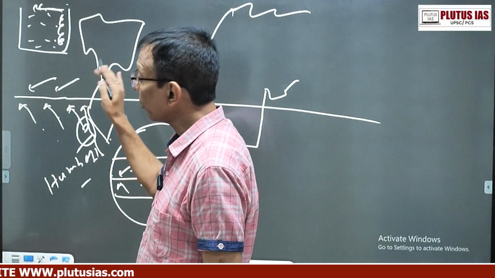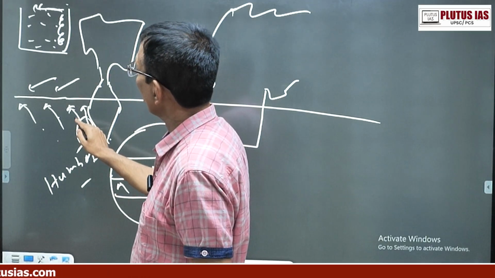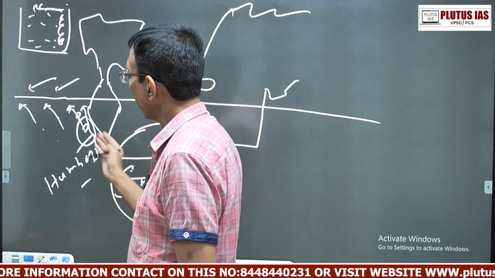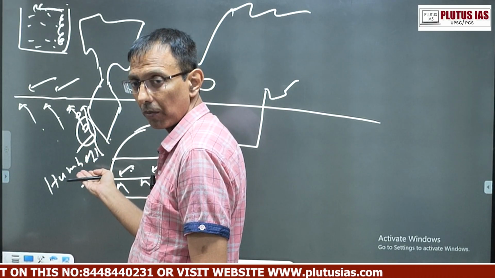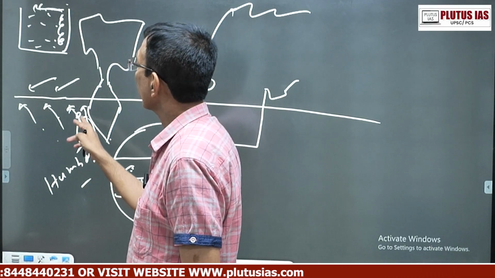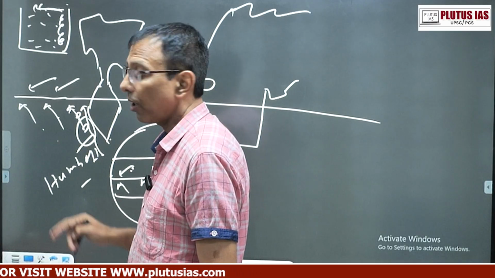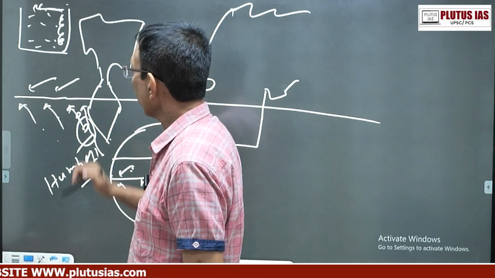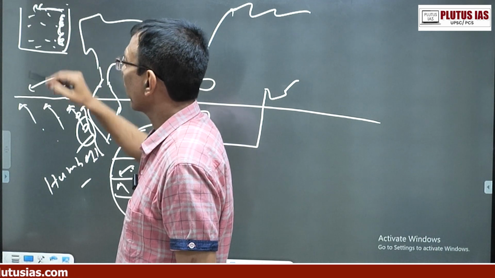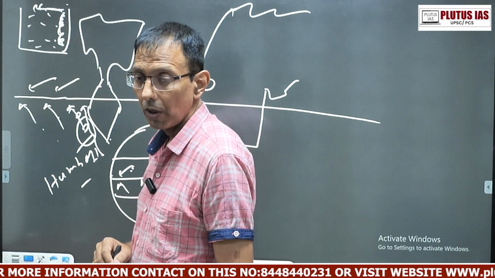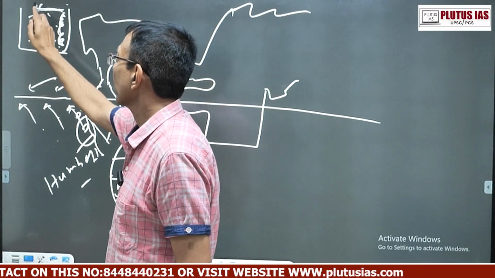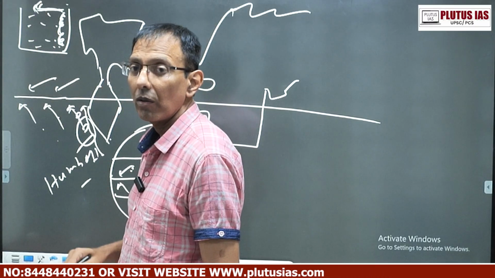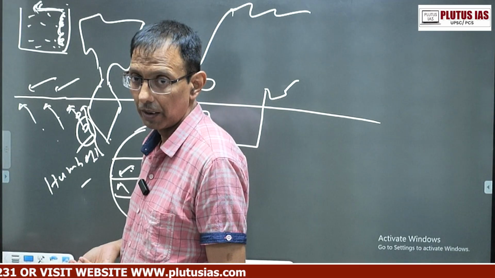But what if the trade wind that drags this cold water from the bottom is weakened or stopped? Then this upwelling will be stopped. If upwelling is not there, then the surface would be occupied with warm current, right?